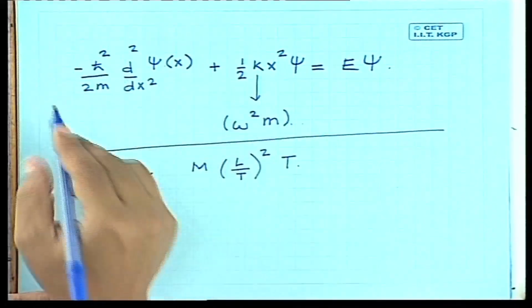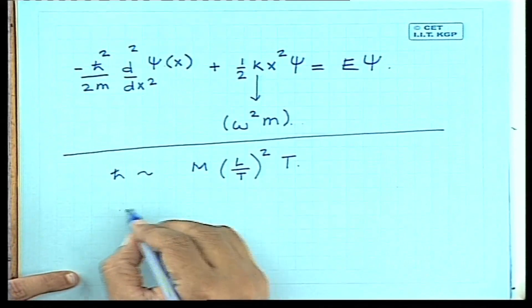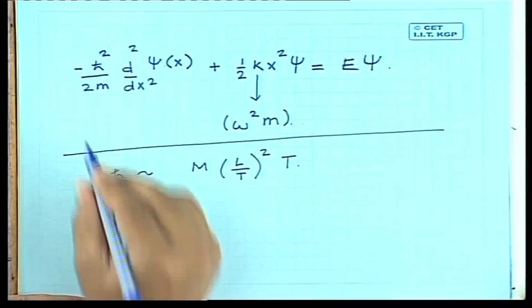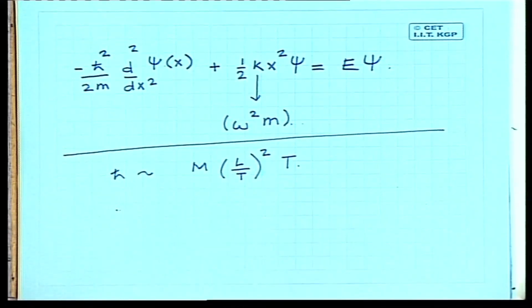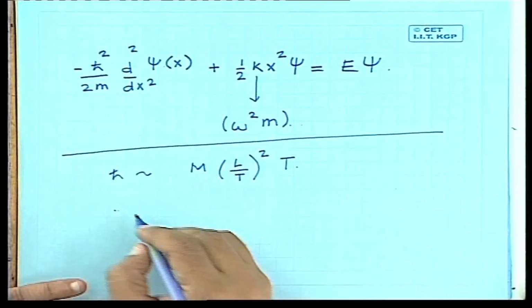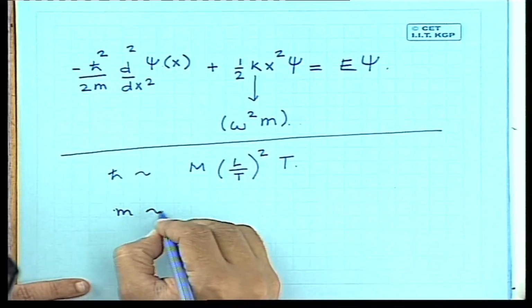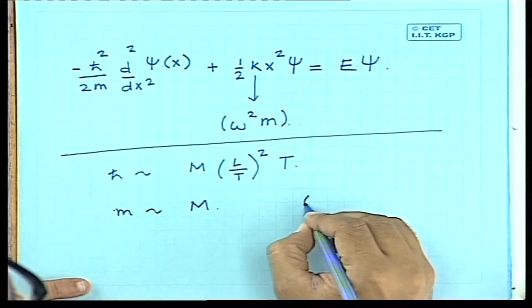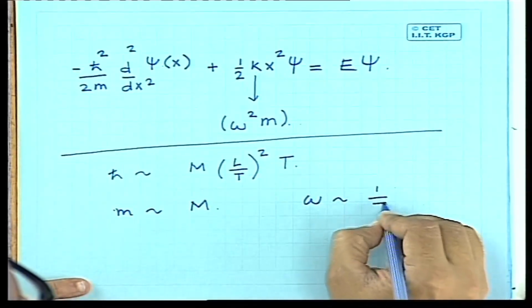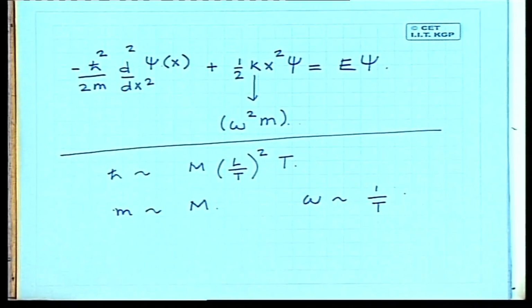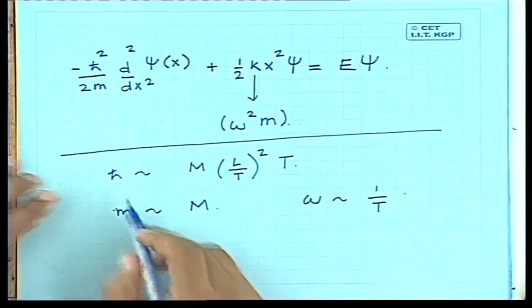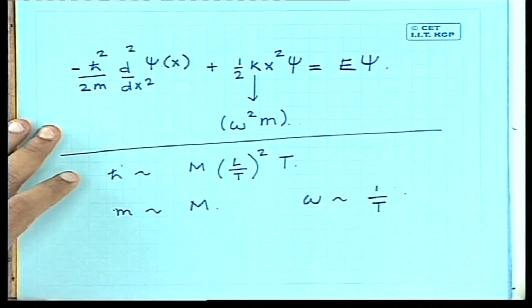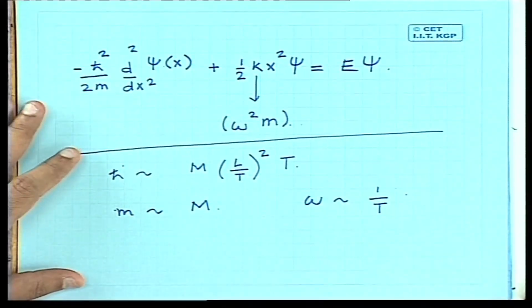The other quantities which we have in this equation are m, which is the mass, and omega, which is 1 by T. So if you want to make something of dimension of length, you have to make a combination of these three.